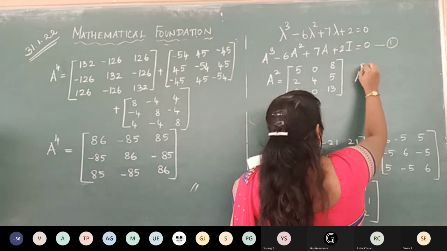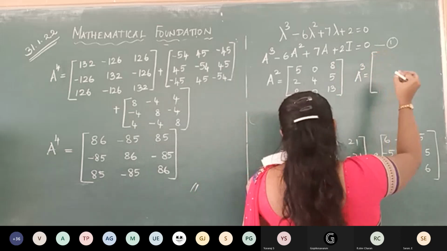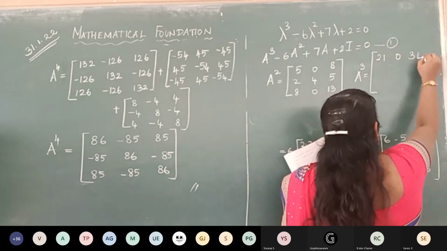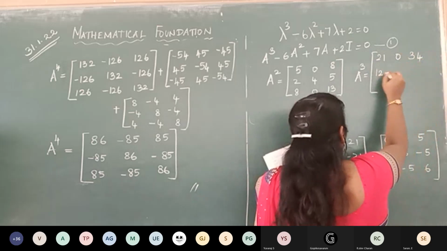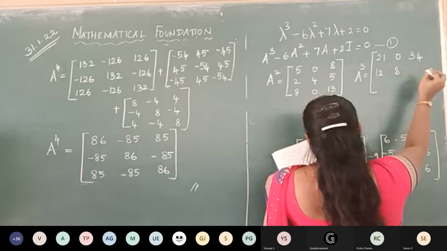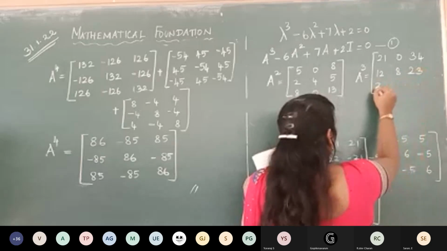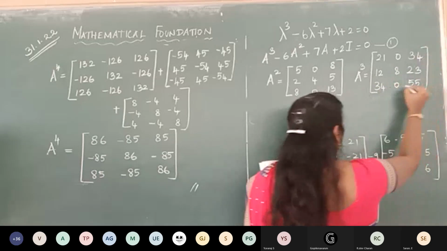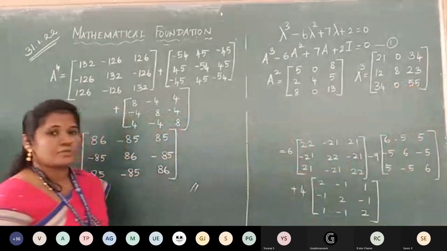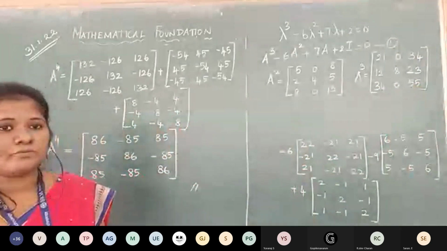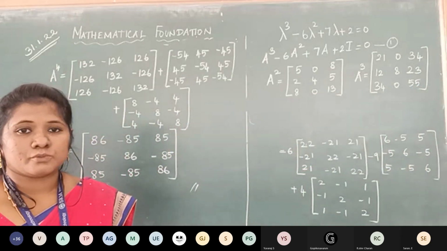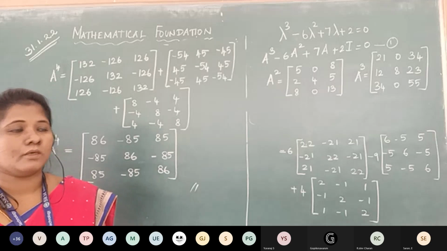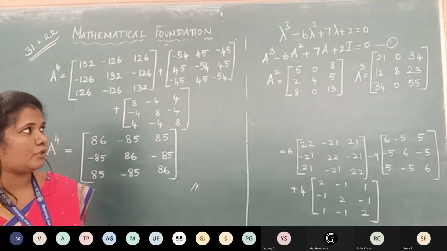Your A cube's value: 21, 0, 34, 12, 8, 23, 34, 0, 5. Okay. This was your A square and A cube values. The students who have not got it, just check whether you're getting this value. So this was your A square and your A cube.